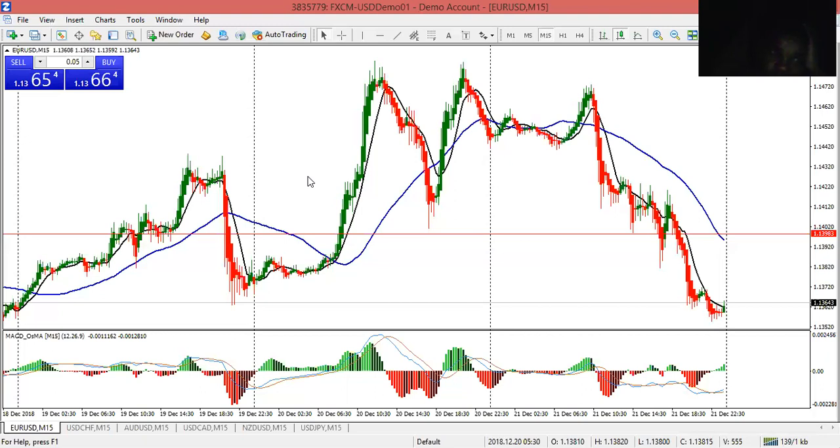To be candid with you, support and resistance is the most important thing you need to know in any form of trading, be it forex, CFDs, futures, stocks, crypto, whatever. As long as it's a trading platform or system, support and resistance is highly essential.